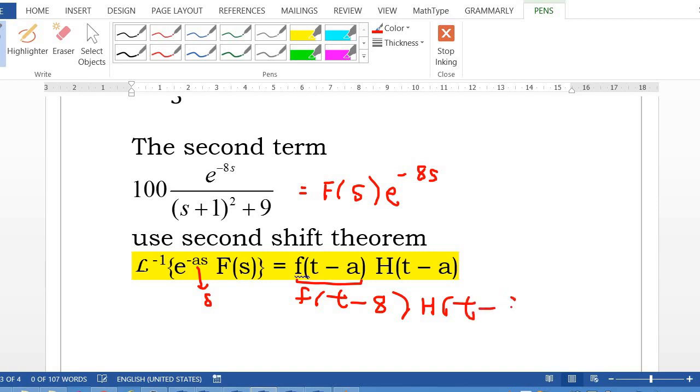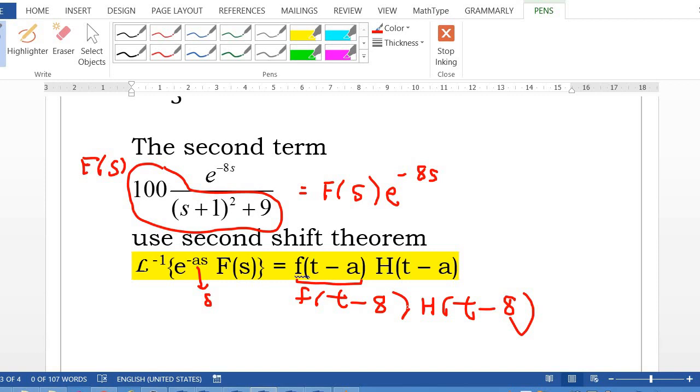This is the F(s). In the inverse Laplace of this term, the result is f(t minus a) h(t minus a), where a is 8.